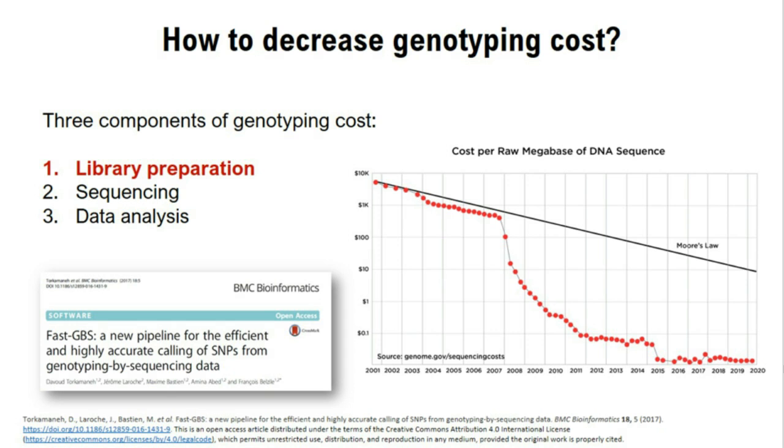So we have made a lot of progress in two sections, sequencing and data analysis. But still, library preparation is done in a very similar way to the last 10 years. We haven't made much improvement in that component to reduce the cost.